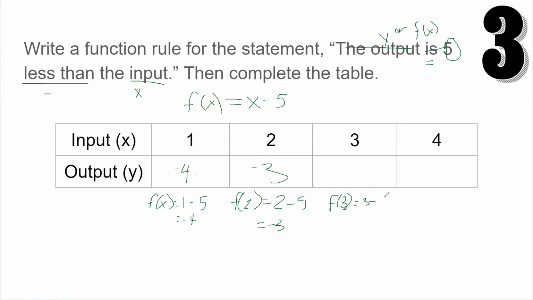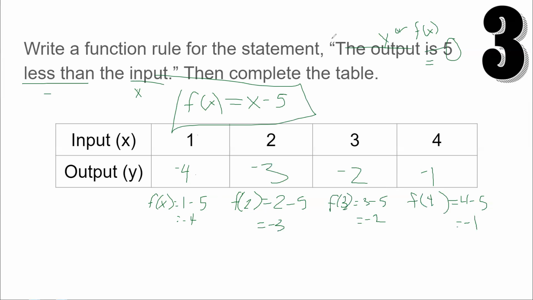So we've got 3 minus 5, which is going to give us a -2. Last one with the 4. Substitute it into our x. And then we've got 4 minus 5, which is going to give us a -1. And we've completed our table. So we wrote our rule, which is right up here, and then we completed our table. So we are done with this problem.